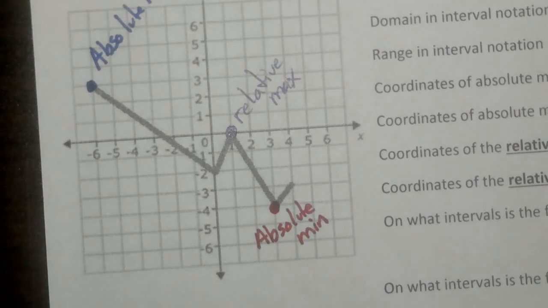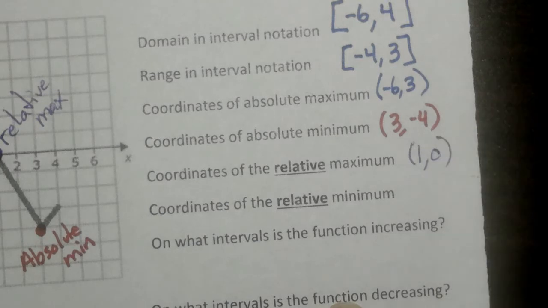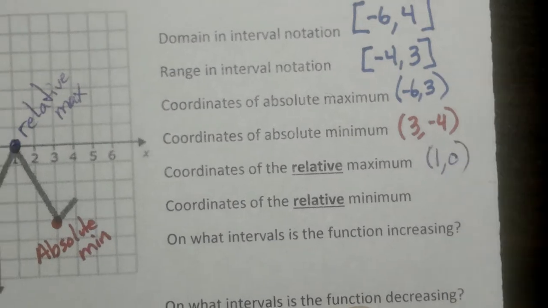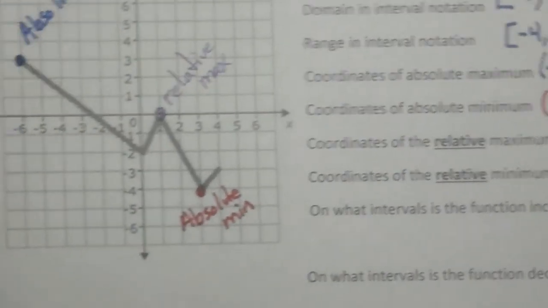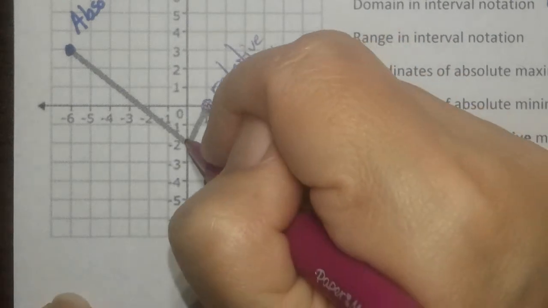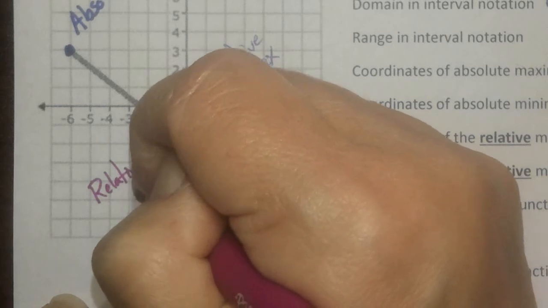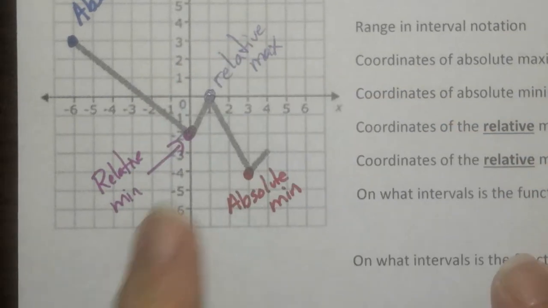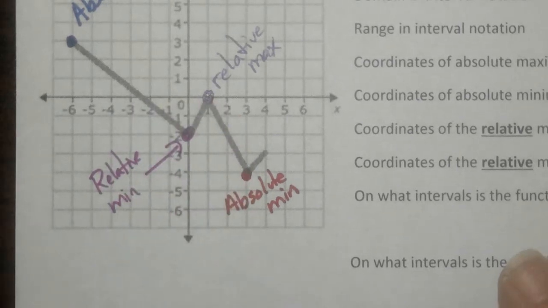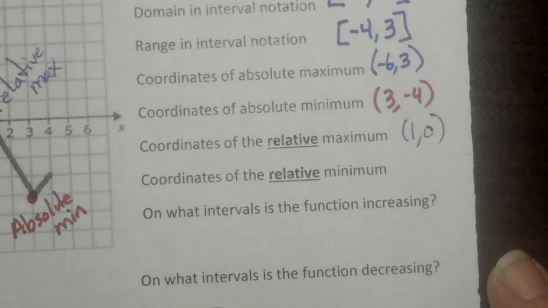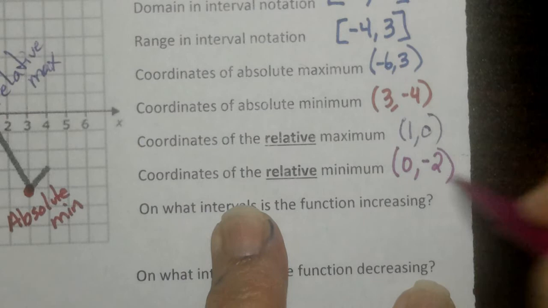And so that's going to be at 1, 0. And then this graph also has a relative minimum, which is going to be this point here. So this is the lowest point relative to the surrounding points. And so the coordinates of the relative minimum are going to be at 0, -2.